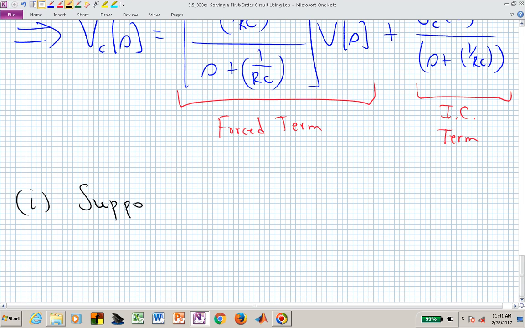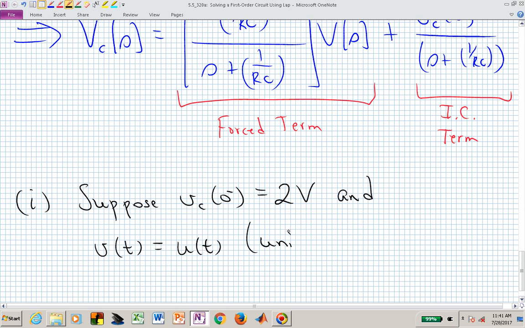Suppose that somebody tells us that the initial condition on the capacitor at 0 minus was 2 volts, and they then apply for a forcing function a unit step.